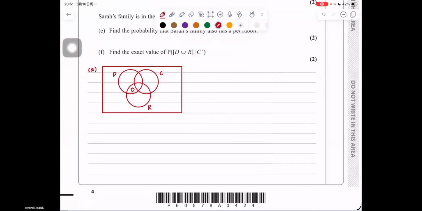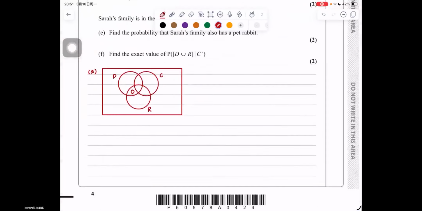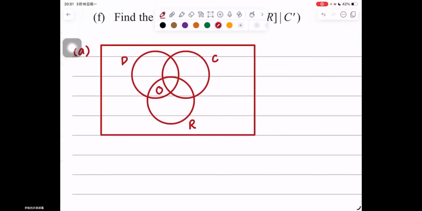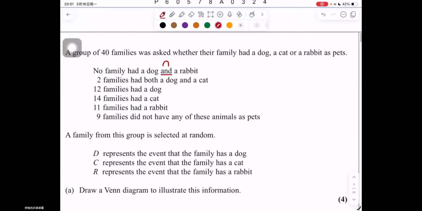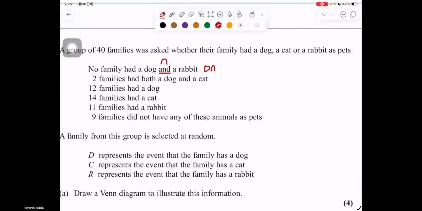And since the intersection of dog and cat is 0, and any other set intersections, including D and C, is also 0, D ∩ C is equal to the empty set, and D ∩ C ∩ R is also equal to 0.